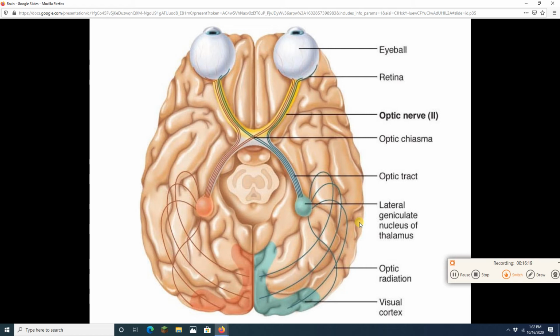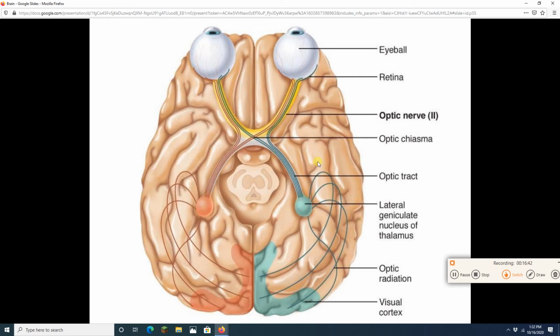Everything to the left of that line is your left field of view. And so what's in your right field of view goes to your left occipital lobe. What's in your left field of view goes to your right occipital lobe. All right? So each field of view will involve both eyes. But that's the contralateral way vision works.